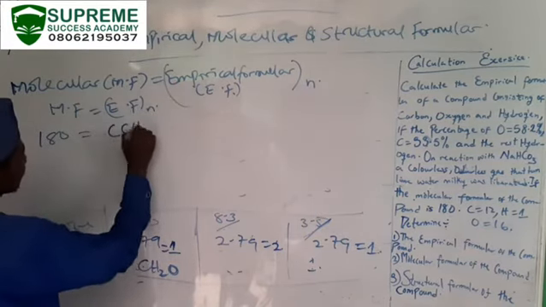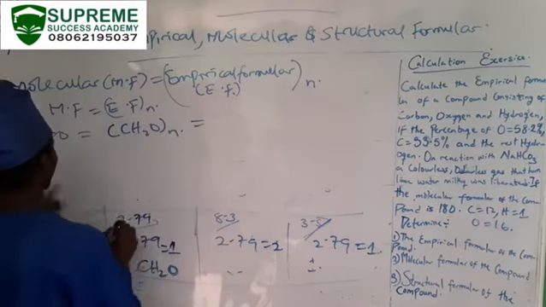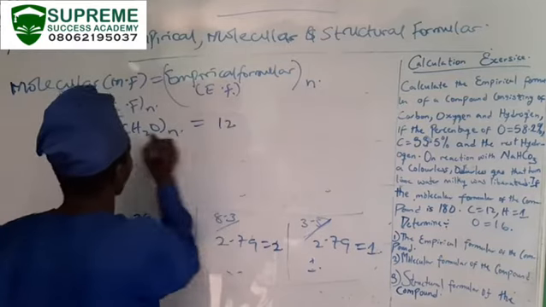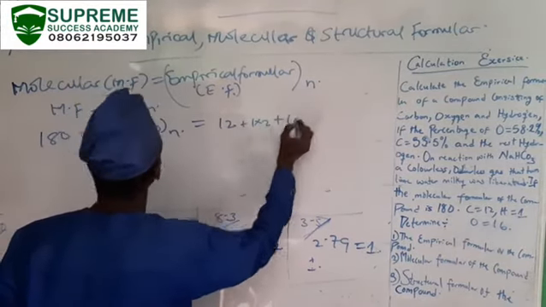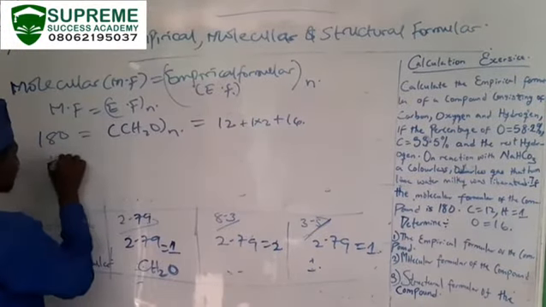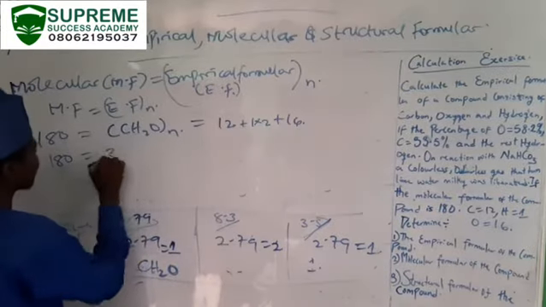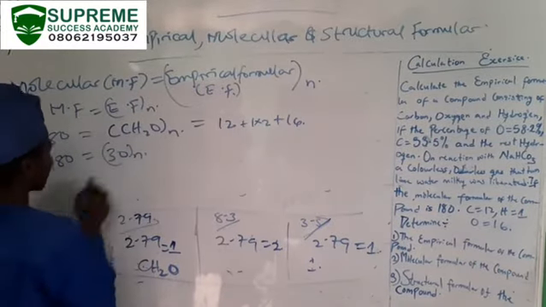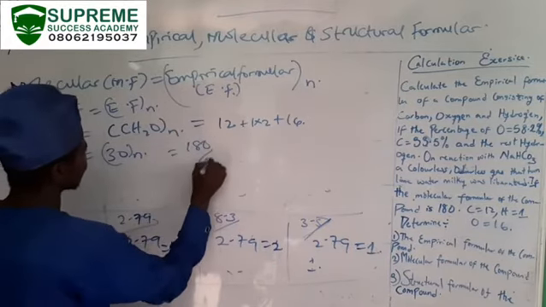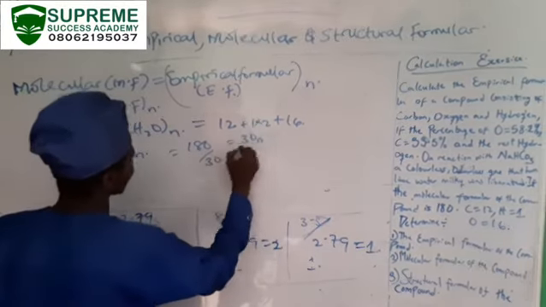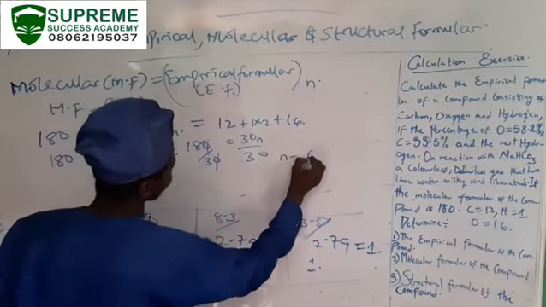What is the empirical mass here? We have CH2O into bracket N. Carbon is 12, hydrogen is 1 times 2, plus oxygen is 16. So 180 is equal to 12 plus 2, that is 14, plus 16, that is 30, into bracket N. Divide all through by 30: 180 over 30 is equal to 30N over 30. The 0 cancels 0, and this gives us N equal to 6.